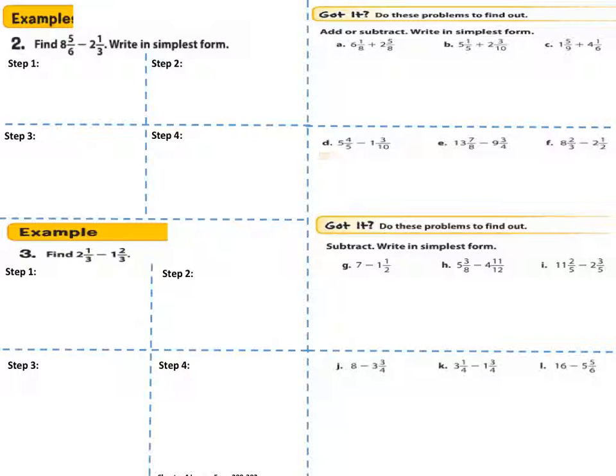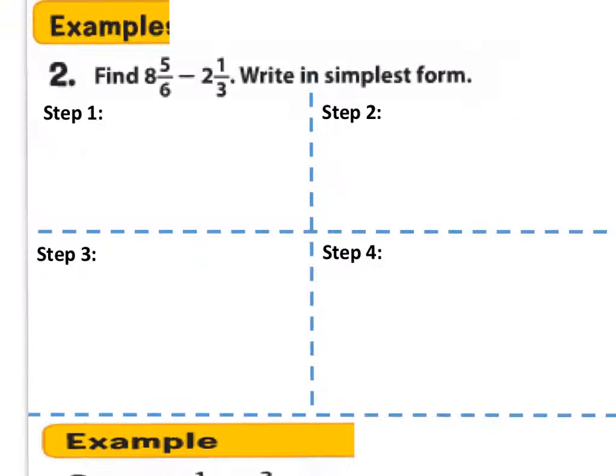Turn your notes over to the back side now. For example number 2, we have 8 and 5/6 minus 2 and 1/3, and we need to write it in simplest form. But the first step, again, is to always find the least common denominator. In this case, the fractions have two different denominators, the 6 and the 3.